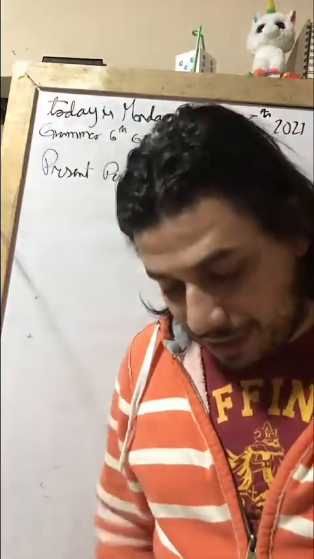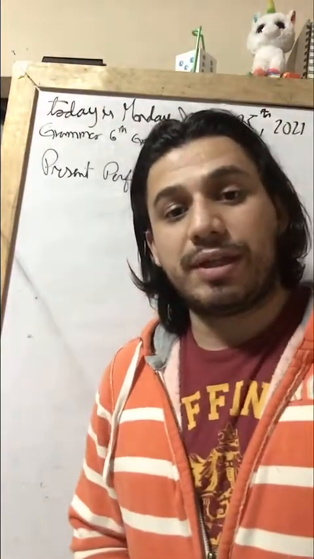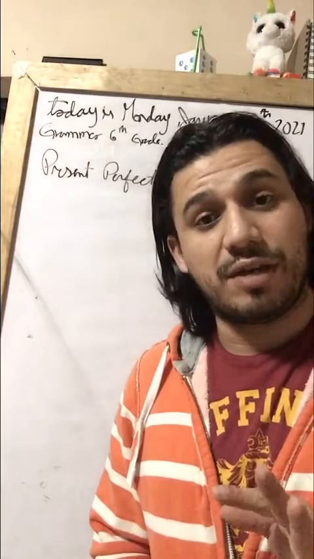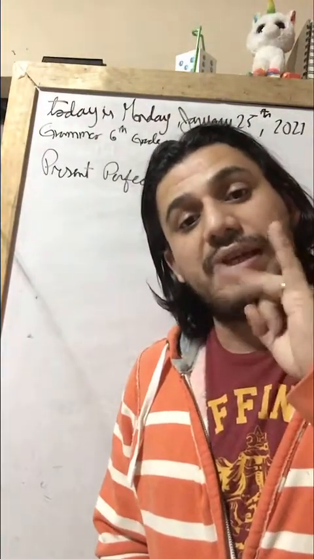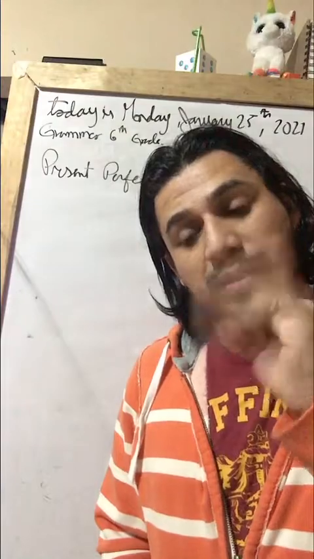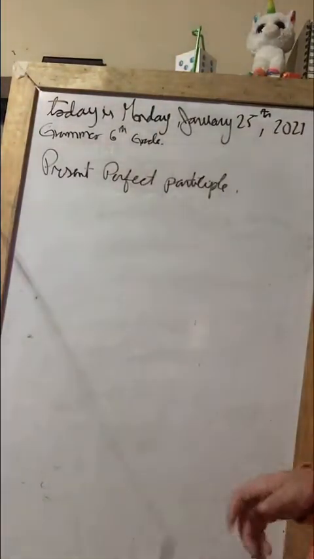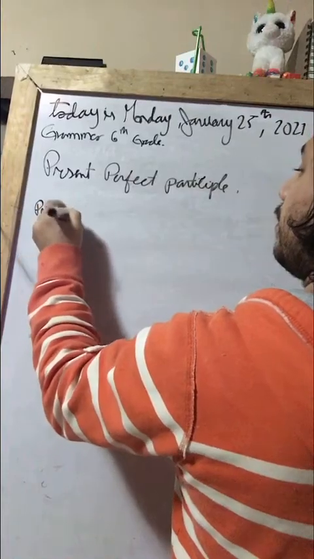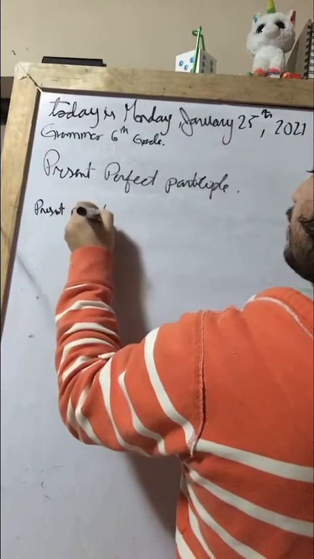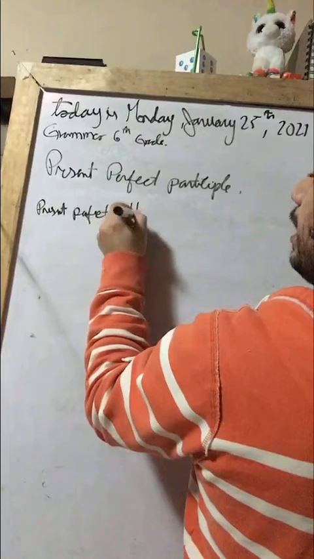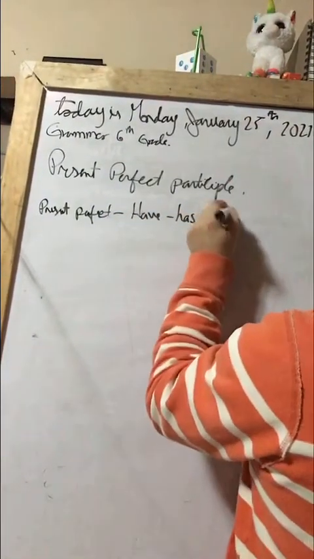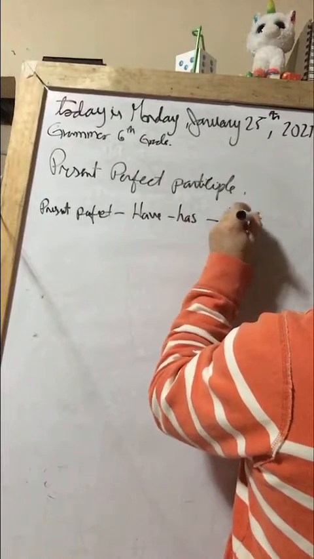This is something that we did last year when we were doing the positive sentences for the perfect tenses. You should remember that there are three perfect tenses: present perfect, past perfect, present perfect participle. So, for the present perfect, you have used the auxiliary have and has plus the perfect form of the verb.